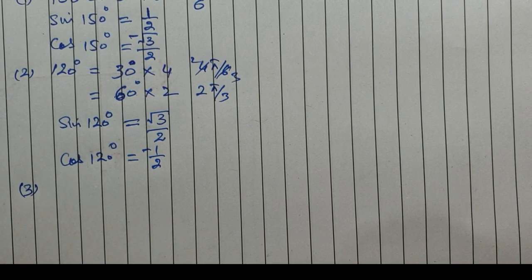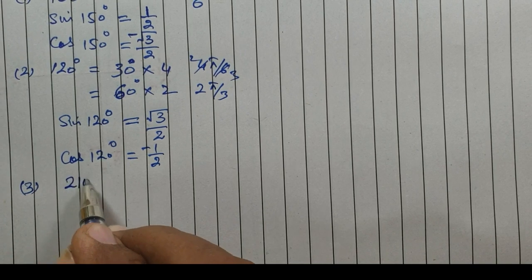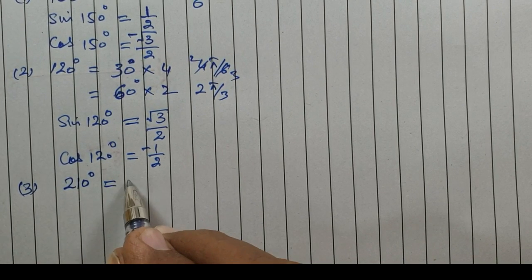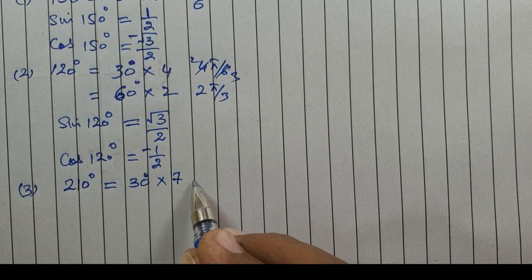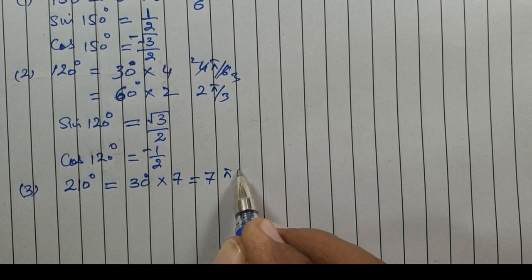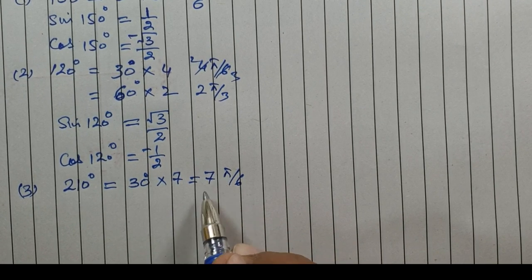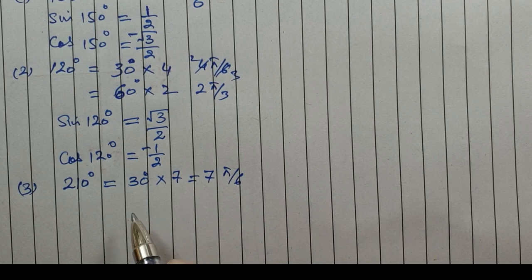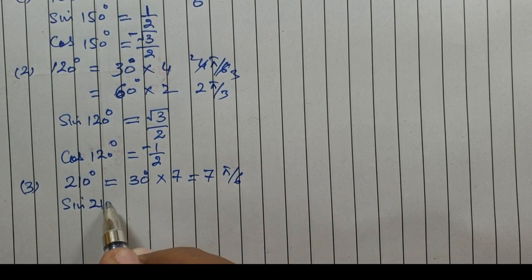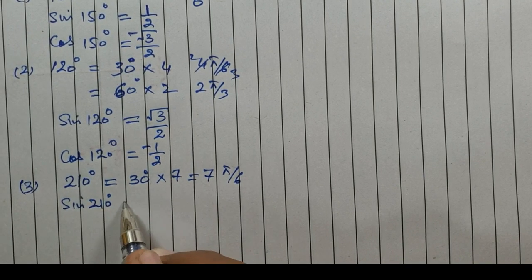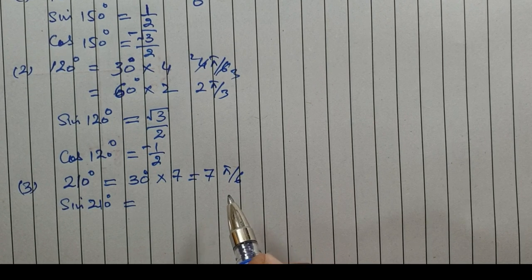And the third angle we take is 210. 30 degree multiplied by 7, meaning 7 pi by 6. Pi radian is 180 degree. Therefore sine 210 degree, its value is for pi by 6, meaning 30 degree.